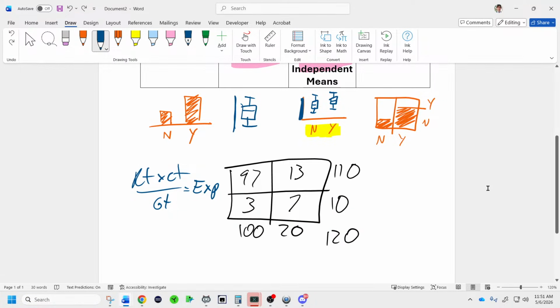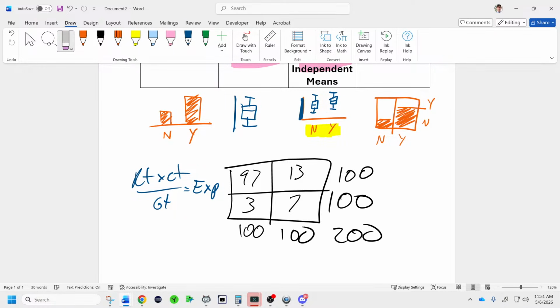So we could change the numbers right here. Here we'll just do a nice easy one. This is one of the easiest ones to solve. And you might see 80 here, 20 here, 20 here, 80 here.